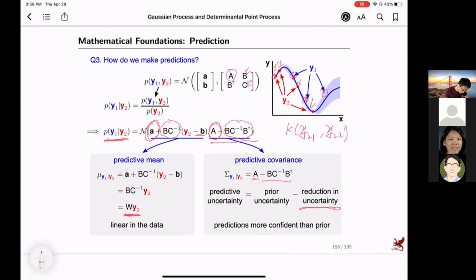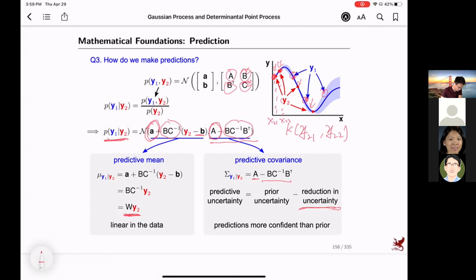If I plug X21 and X22 into the kernel function, I can calculate the covariance between these 2 points, right? So once things are observed, then we actually know what each of these looks like.